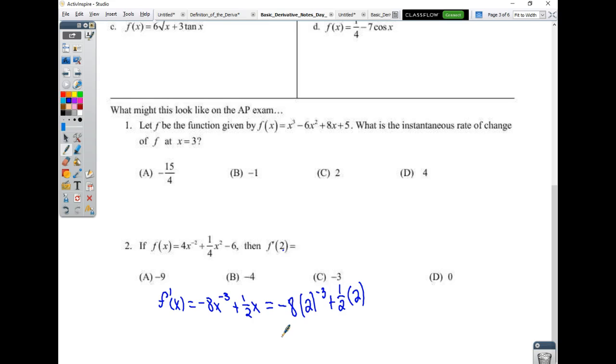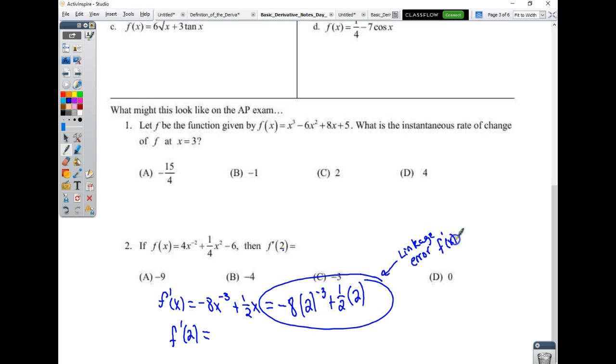And I know that it seems like the most minute and annoyingly small mistake that you could make, but it's something they're going to hold you to. I need to write the f prime of 2. This is my linkage error. F prime of x is not equal to f prime of 2. Those are not the same statements.